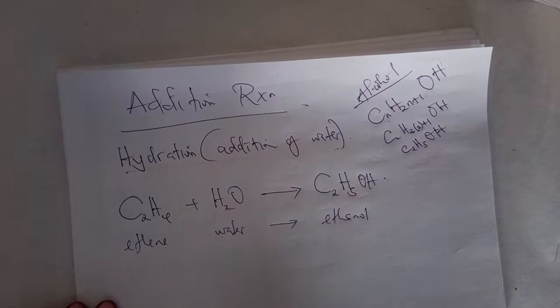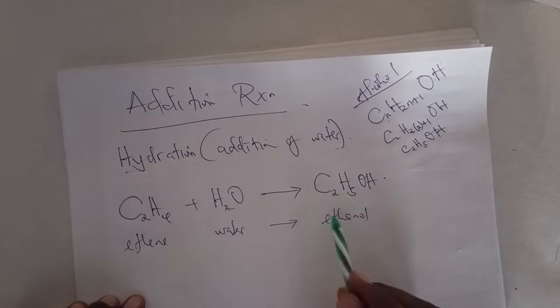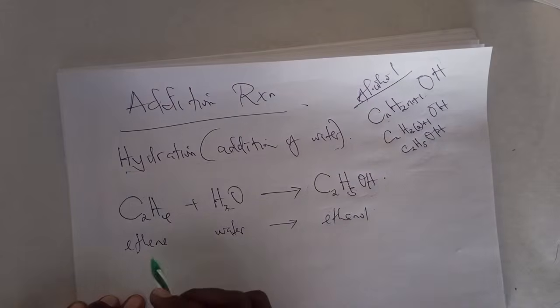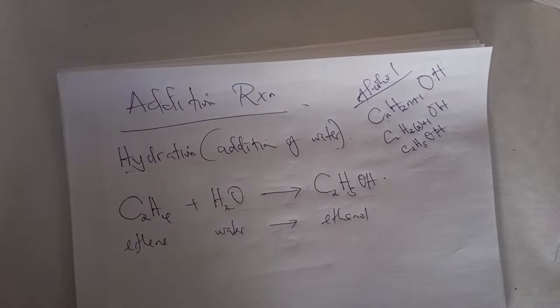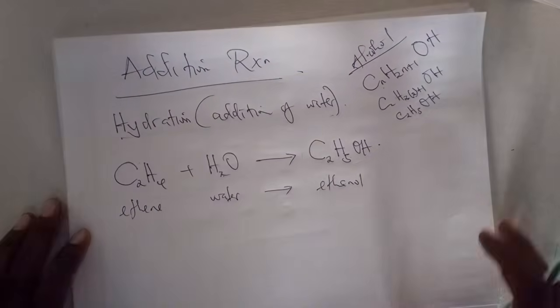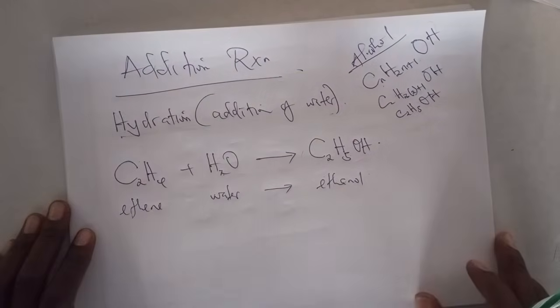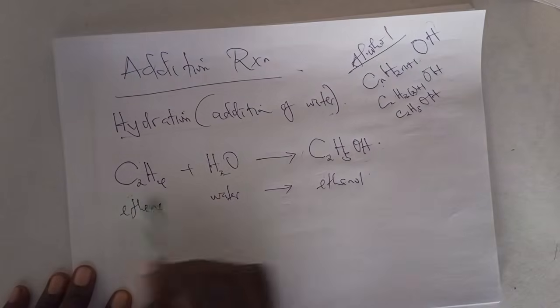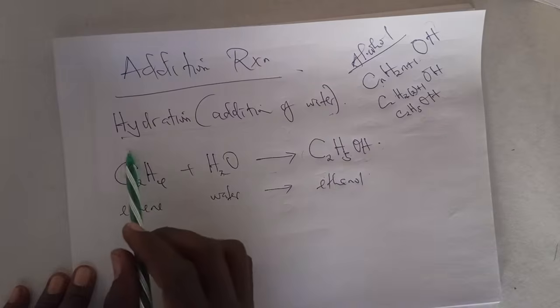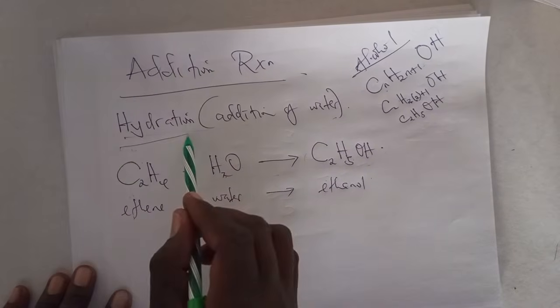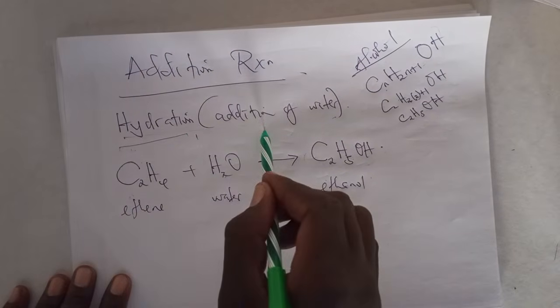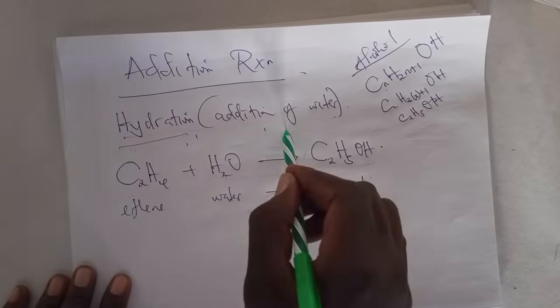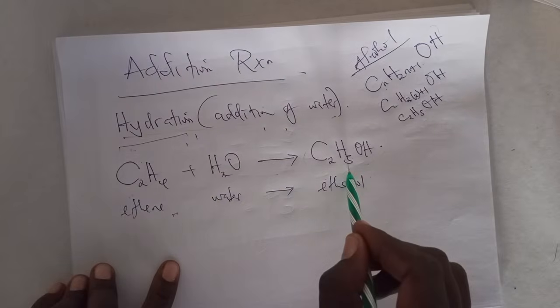There are conditions that should be met for this to be achieved: the temperature should be about 300 degrees Celsius, the catalyst phosphoric acid, and the pressure of 65 atmospheres. So this is the process, called hydration of ethene or alkene to produce an alcohol.